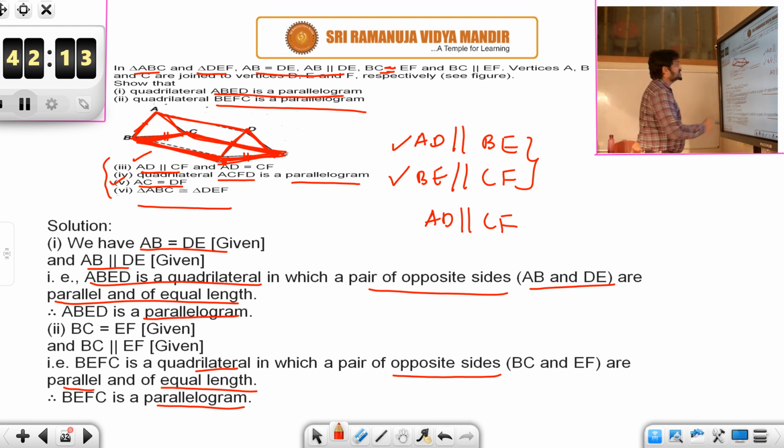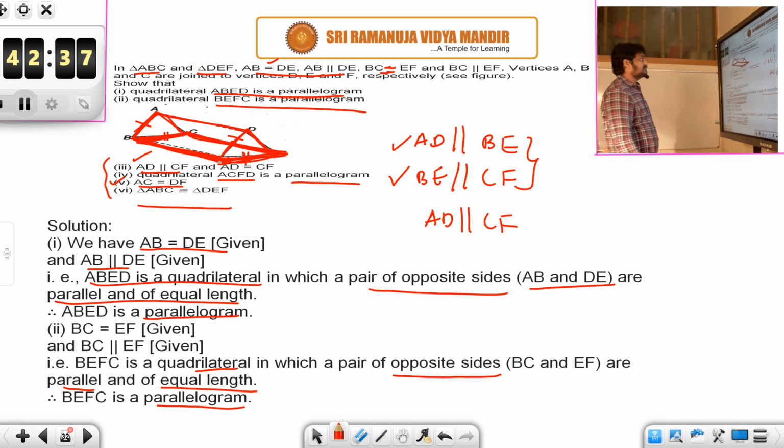Students, look at this. In triangle ABC, we are given that AB is equal to DE. This is given in the question. And then BC. From parallelogram BCFE, this being a parallelogram, we know that opposite sides are equal. So we know that BC is equal to FE.